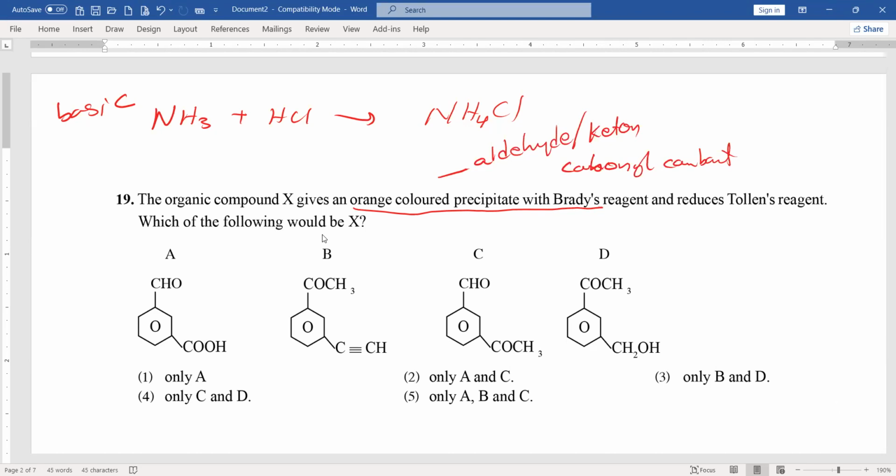The organic compound gives an orange colored precipitate with Brady's reagent and reduces Tollens' reagent. Then this is definitely an aldehyde. Why?